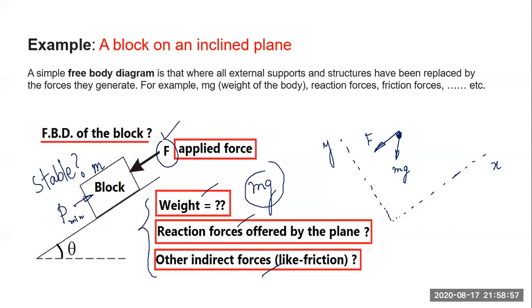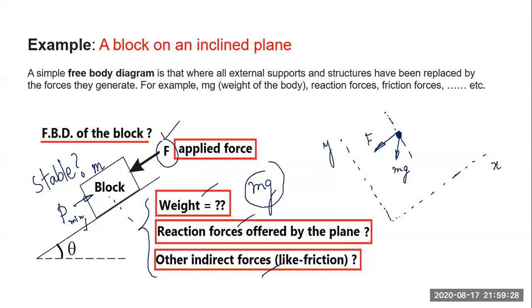Now, what is the reaction offered by the plane towards the block? Because the block is giving some load on the plane due to some component of its weight. So the reaction force will be in the direction perpendicular to the plane.